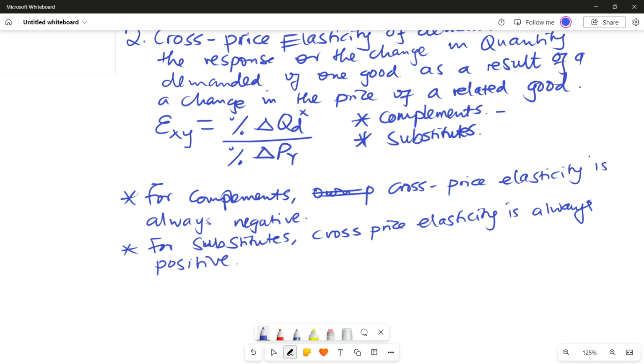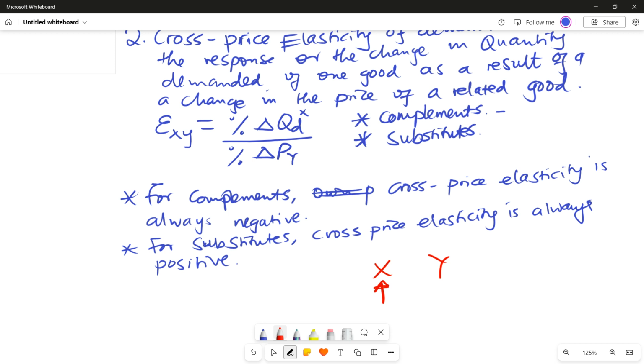So why are we making these conclusions? Let's take complements, good X and good Y. Assuming these two goods are complements, you cannot have more of X and less of Y, neither can you have more of Y and less of X. If there is an increase in the price of X, according to the law of demand, an increase in the price is going to reduce the quantity demanded.